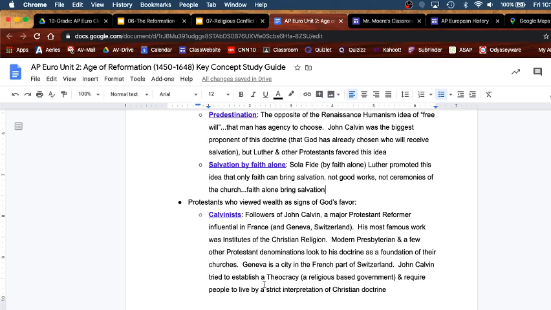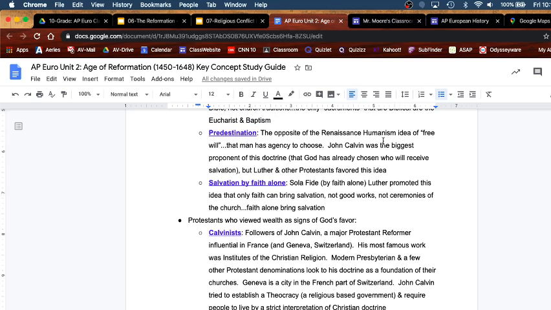John Calvin tried to establish a theocracy, a religious-based government, and required people to live by a strict interpretation of Christian doctrine. And so you can read all about that in my notes. And if you want to Google that up more, but that's the general gist.